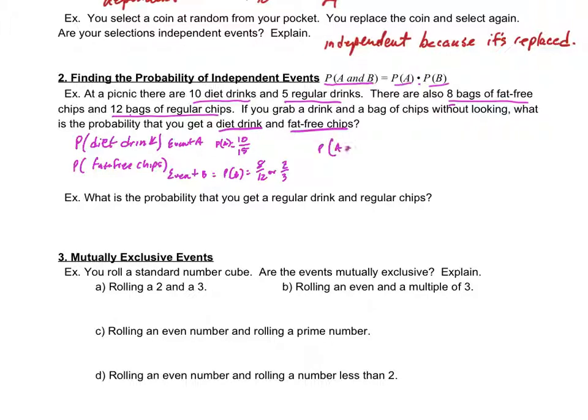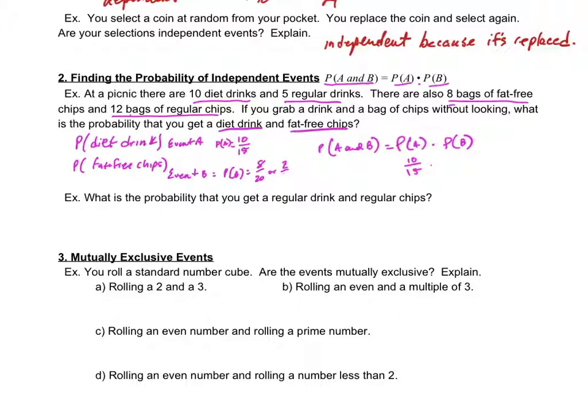The probability of A and B is equal to the probability of A times the probability of B. We said the probability of A is 10 over 15, and the probability here has to be changed, because 12 bags and 8 bags is a total of 20 bags.